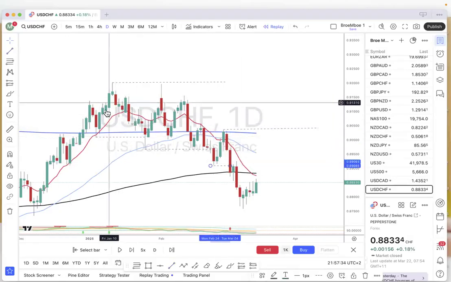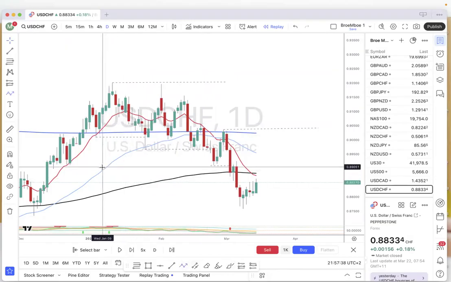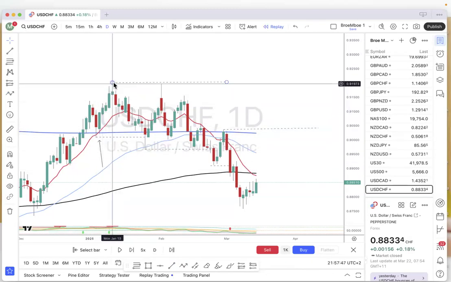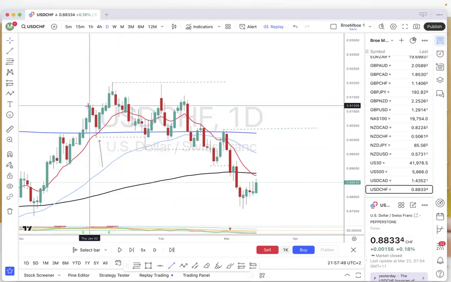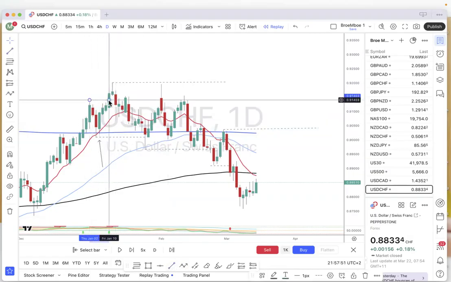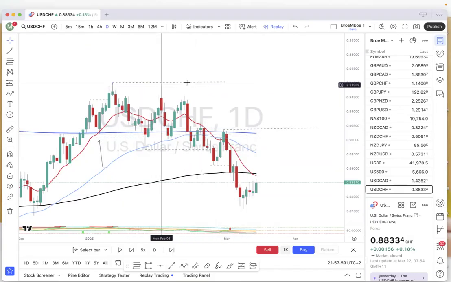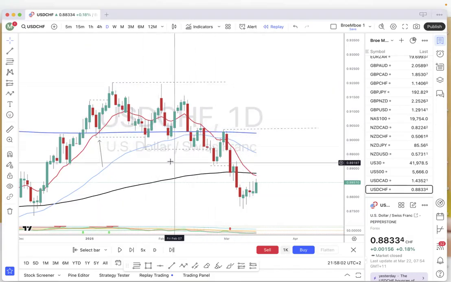Now, the last confirmed low here is this one. That is the last confirmed low because this is the result move that broke this high. All right. So that's the last confirmed low. You can tell that other lows here did not take out that new higher high, so they are not confirmed.